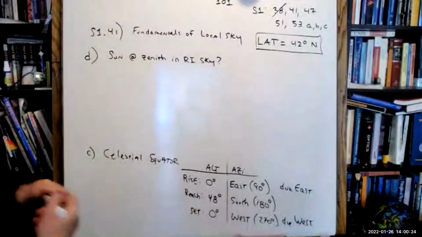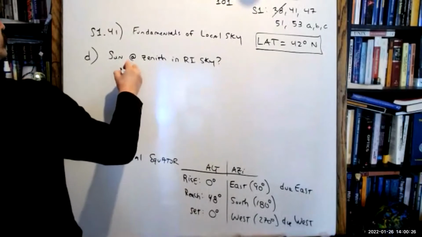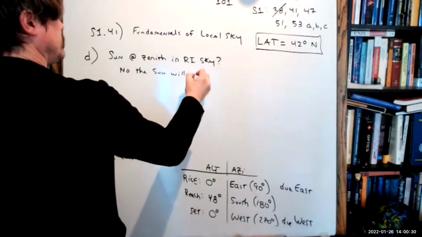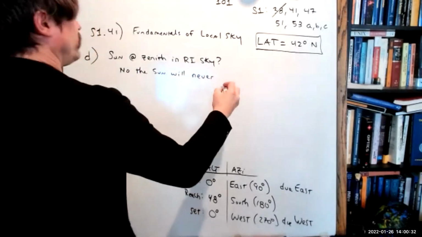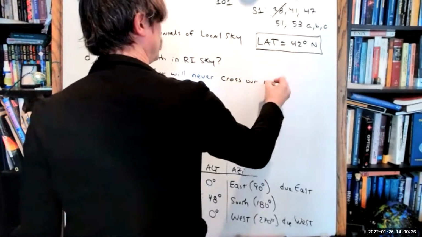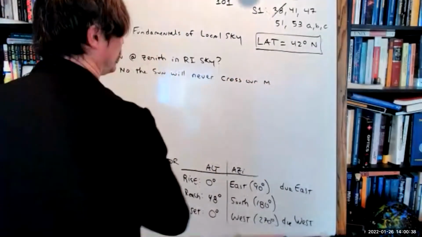So in Rhode Island, we're too far north. The sun will never cross, no, not our meridian, but our zenith.